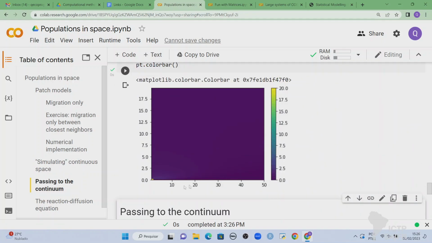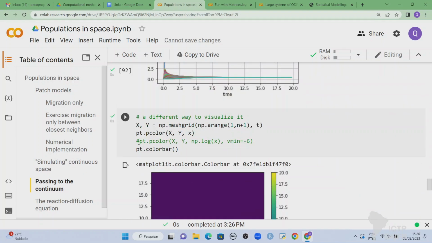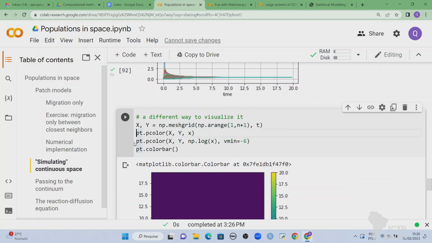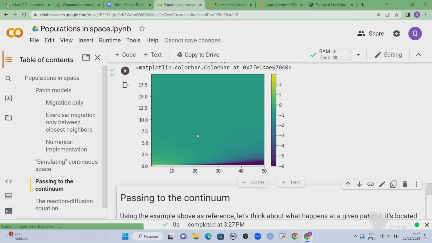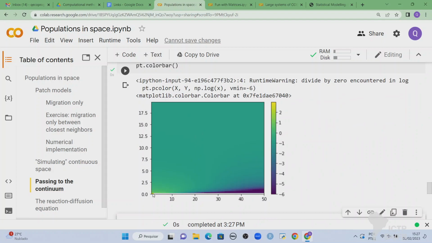So this is the plot. You see, I start with a lot of population at this end and 0 over here. This gets darker, with a lower density, and all of this gets lighter, that is, it increases in population until at the end they are more or less homogeneous.